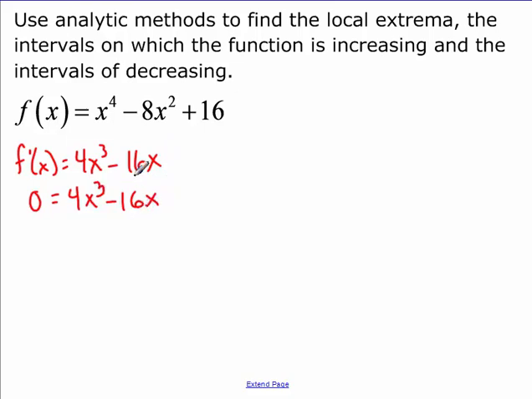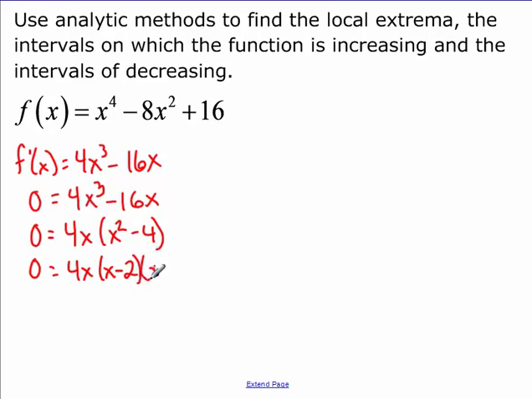All we have to worry about is when the derivative equals 0. So we have some points in here, and this is where all that algebra that you guys are so good at comes into play. Okay, so that is at 0 and positive and negative 2.